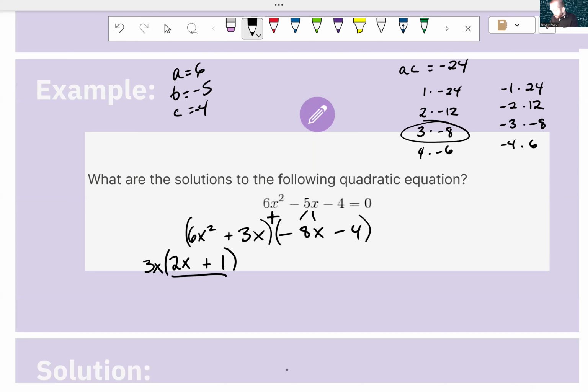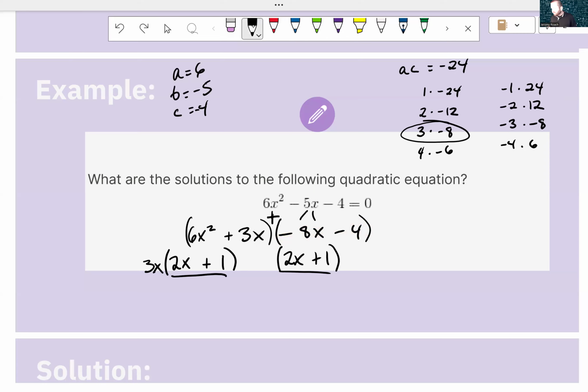Now, because we've written that there, we're going to write that same thing over here. We want those to be the same. And we've got to figure out next what number goes here, so that if we multiplied it back out again, it would equal all of this stuff.